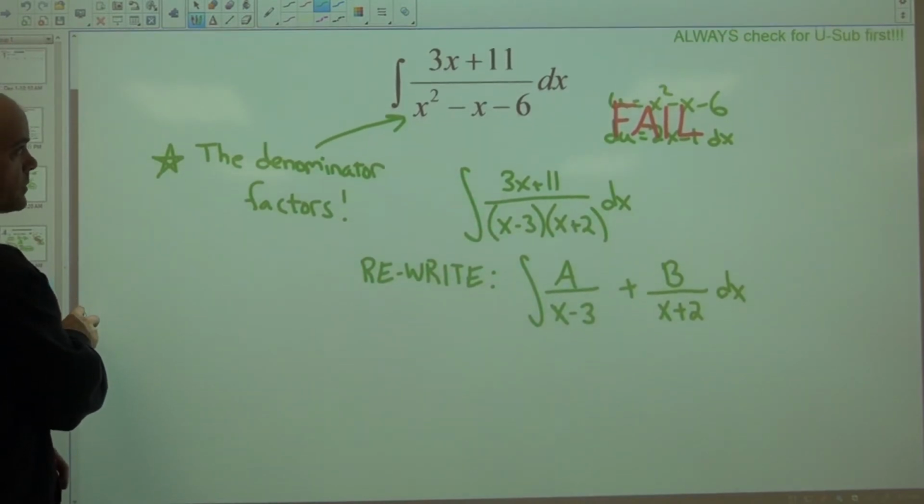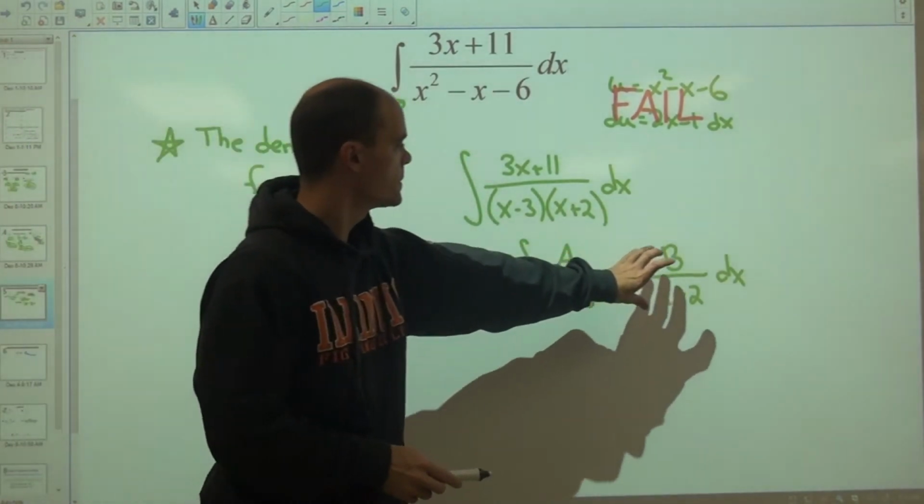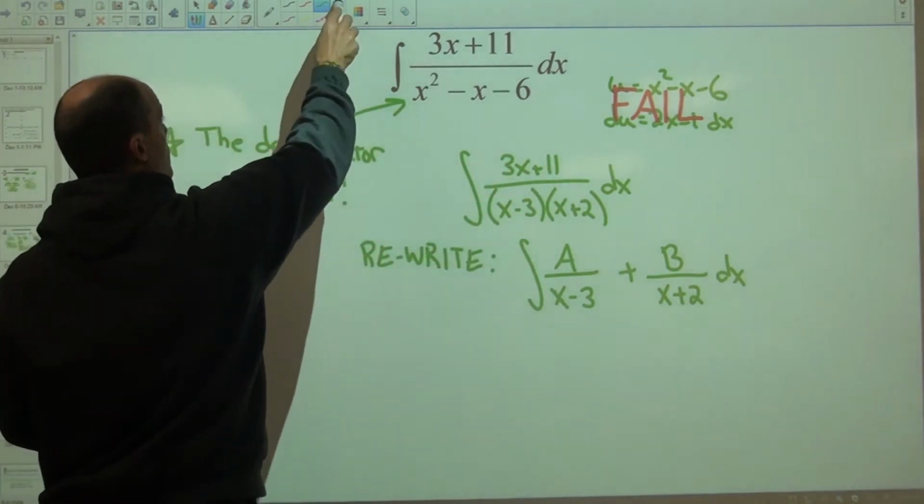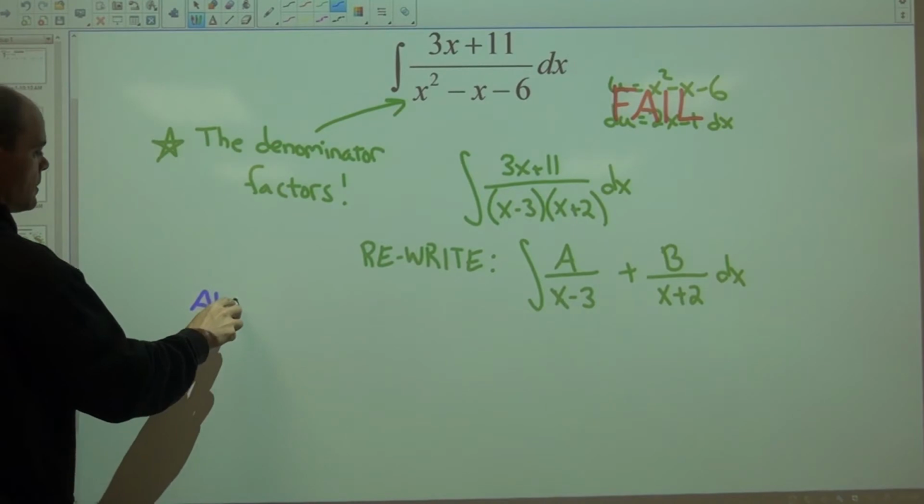So what am I trying to do in this problem? I'm trying to make this equal to this. So that's exactly what I'm going to do. Over here, I'm going to do all of my algebra.